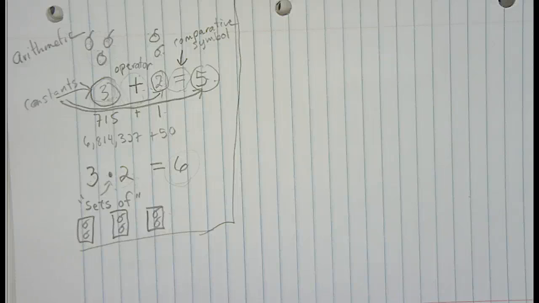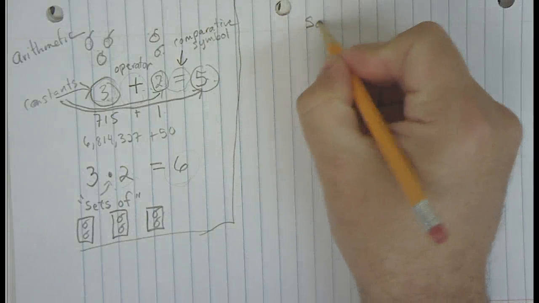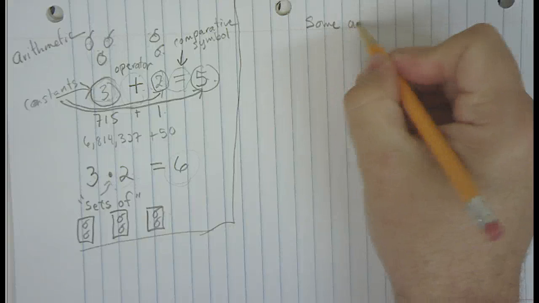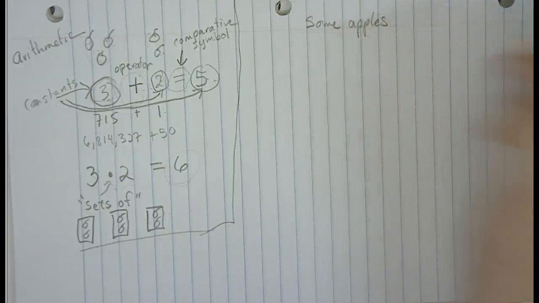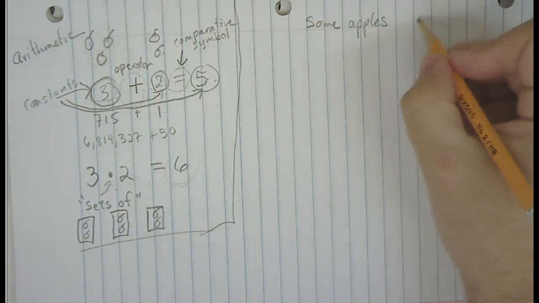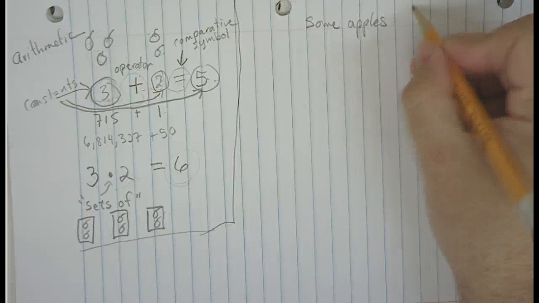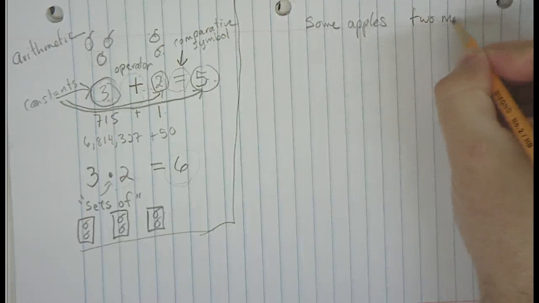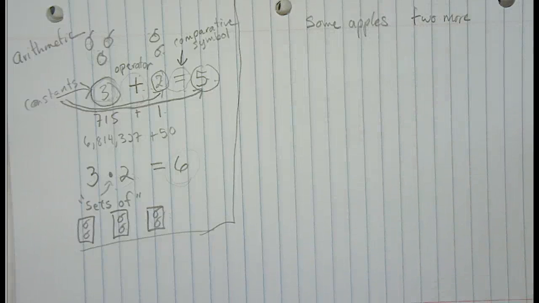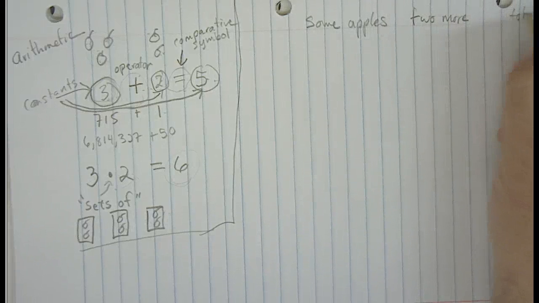Let's talk about a situation where maybe you had some quantity, let's say some apples here, and you're going to add more apples. We'll say 2 more apples, right? And then you know you have a total of, let's say, 5 apples.